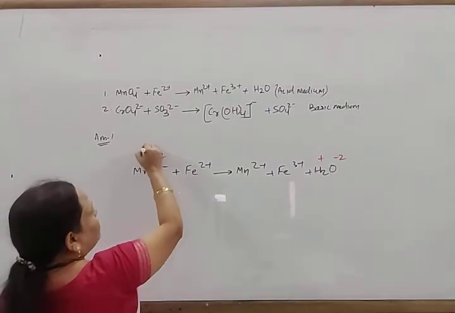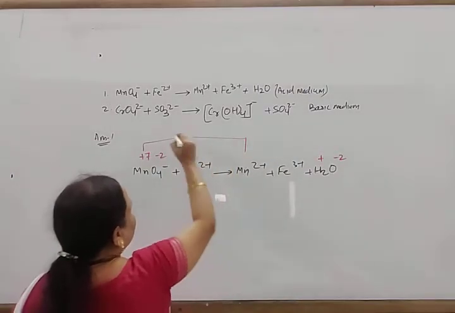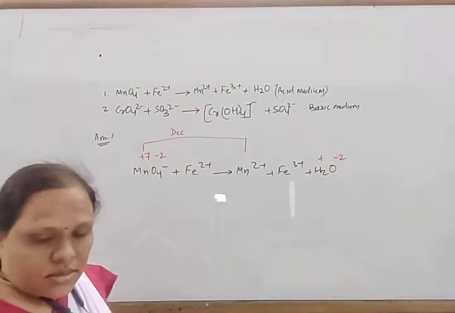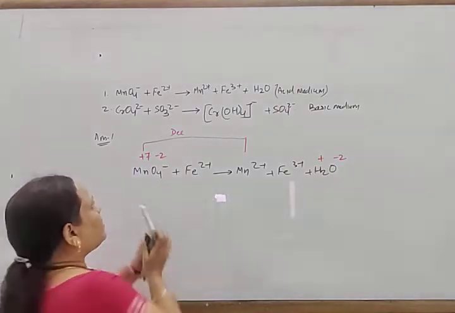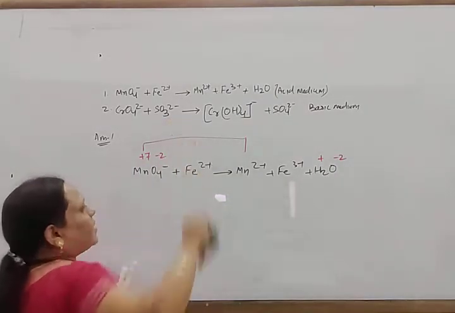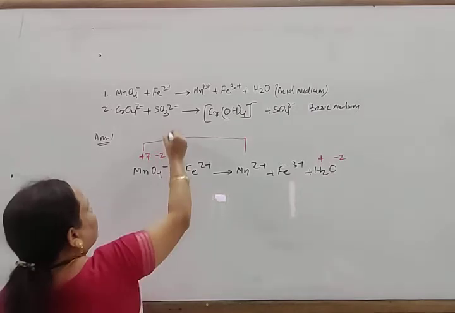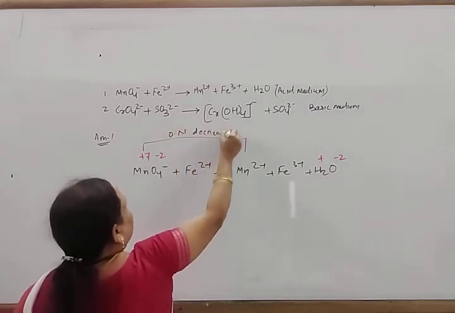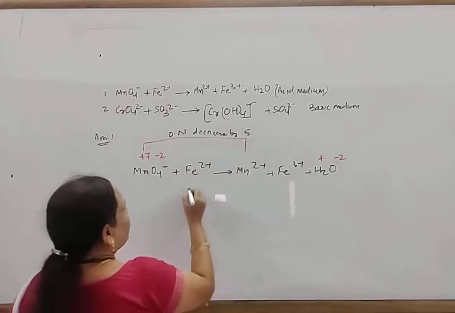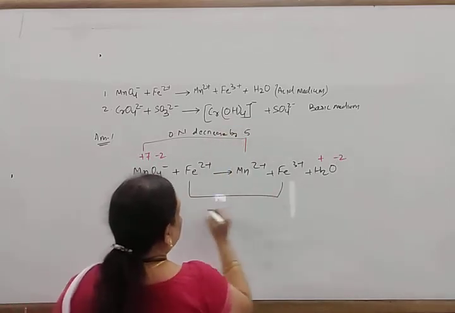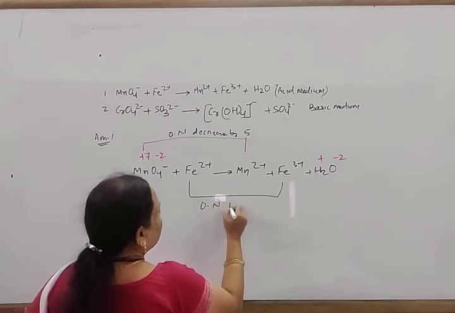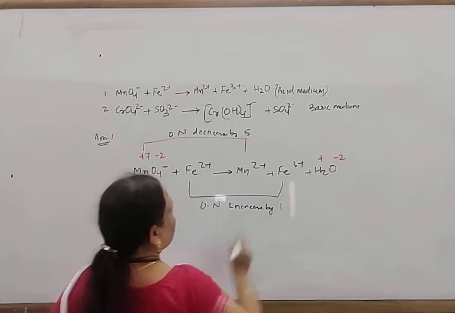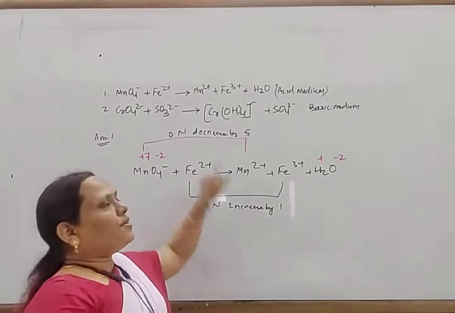Manganese goes from plus 7 to plus 2, so the oxidation number decreased by 5. And from plus 2 to plus 3 the oxidation number increased by 1. So there is an increase of 1 and a decrease of 5.